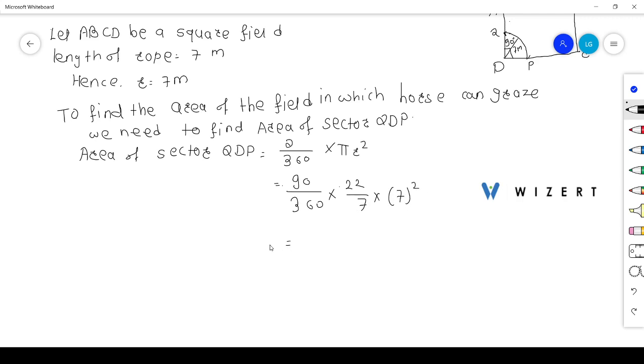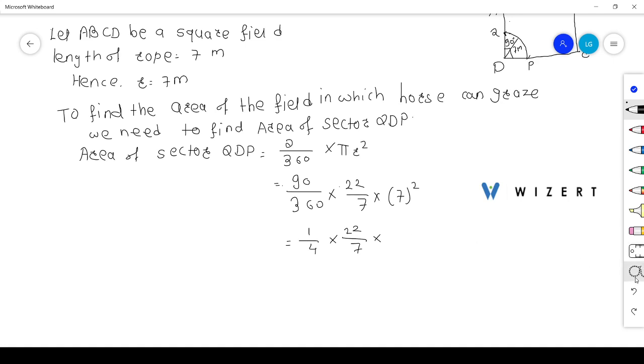So after solving this, it will be 1 by 4 into 22 by 7 into 7 square.